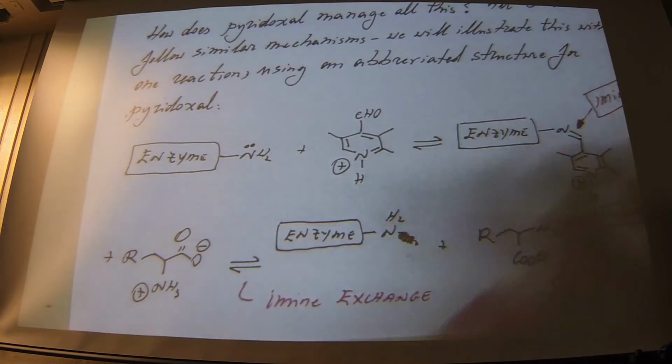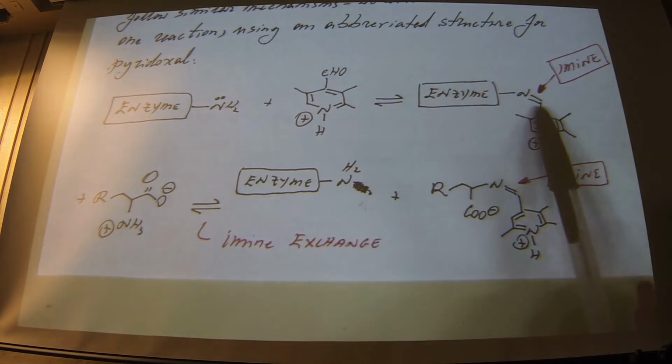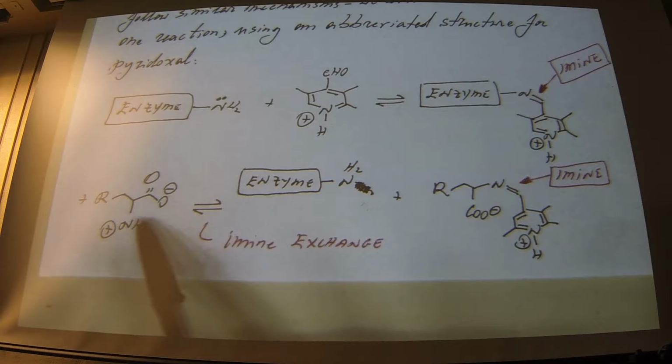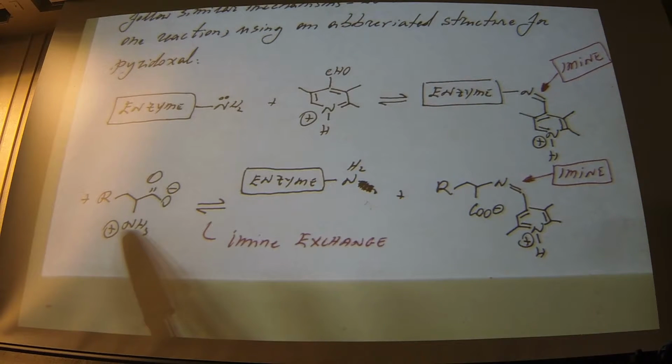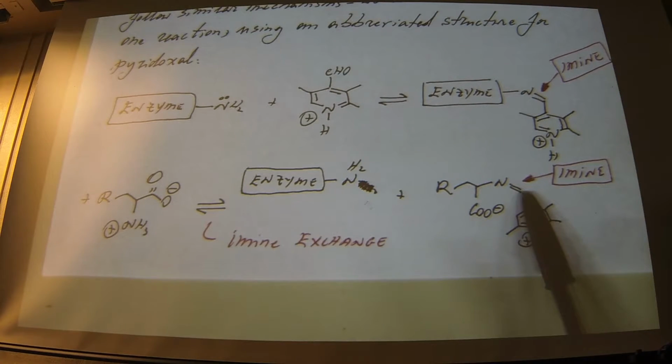Okay, so let's go over what I just talked about first. So you have an enzyme, you have pyridoxal phosphate, you form an imine. You allow the imine to react with an amino acid. This has to lose a proton first. You get that transamination reaction where this imine gives rise to a different imine. That's from that tetrahedral intermediate.